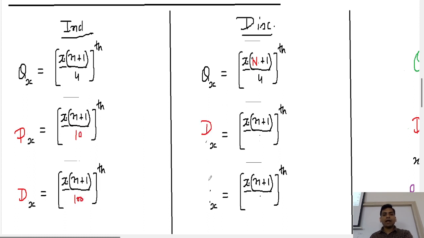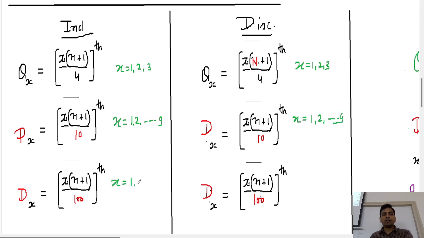For quartiles x is equal to 1, 2, 3; for deciles x is equal to 1, 2 up to 9; and for percentiles x is equal to 1, 2 up to 99.